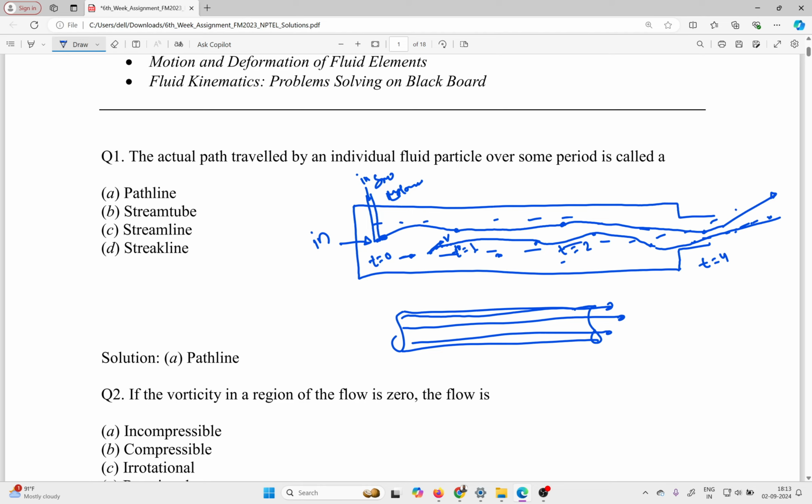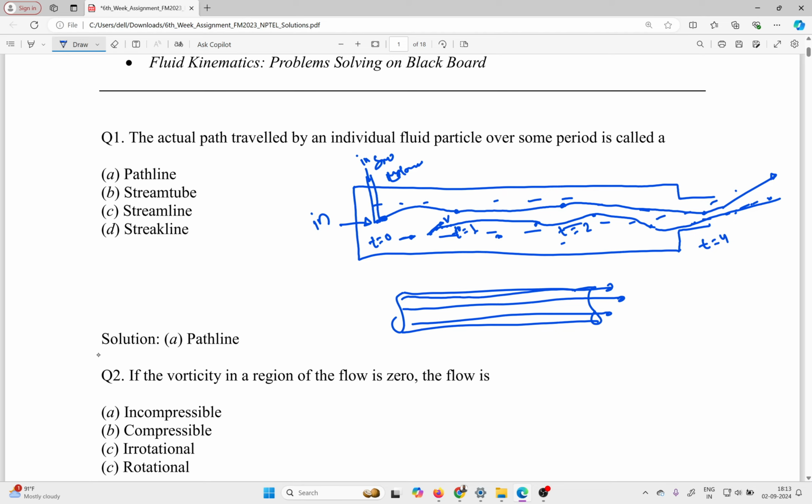So remember please. The next question is: if the vorticity in a region of the flow is 0, the flow is incompressible, compressible, rotational, or irrotational.